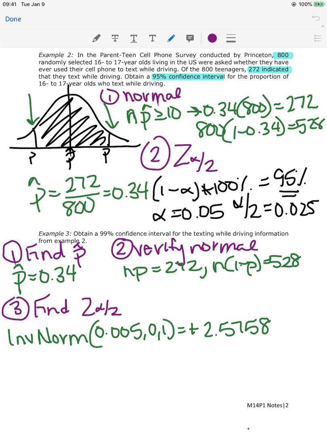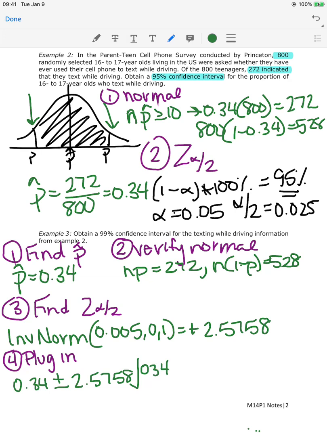Step 4 is to plug everything in. So 0.34 plus and minus 2.5758 times the square root of 0.34 times 1 minus 0.34 divided by 800.